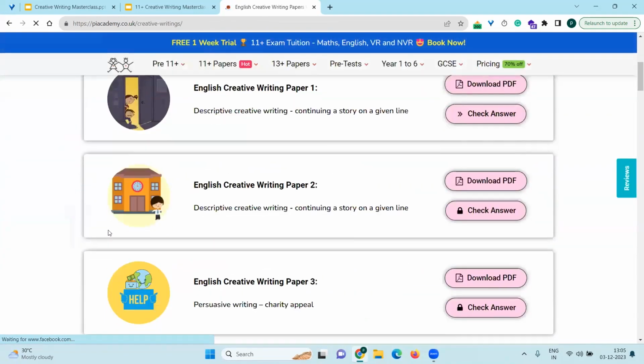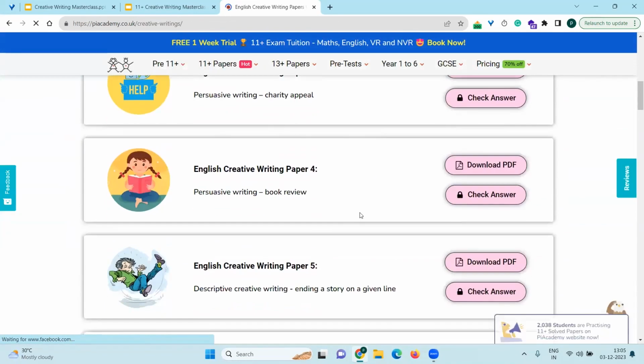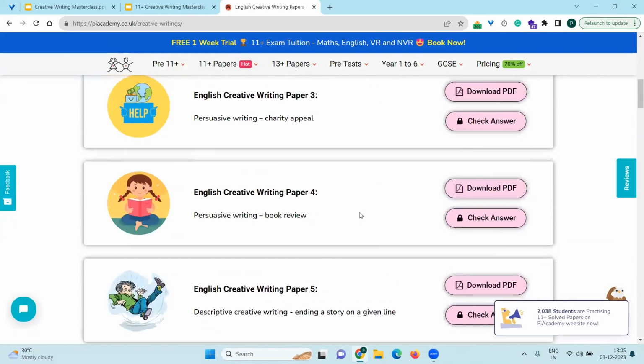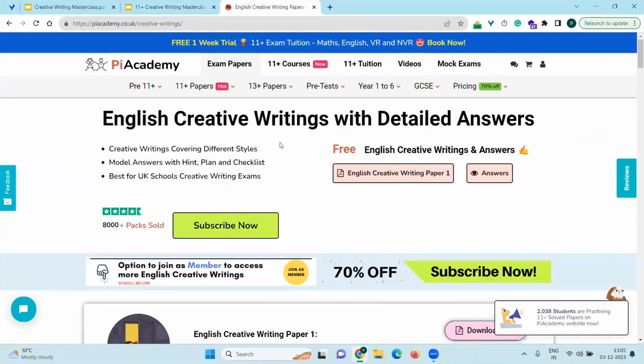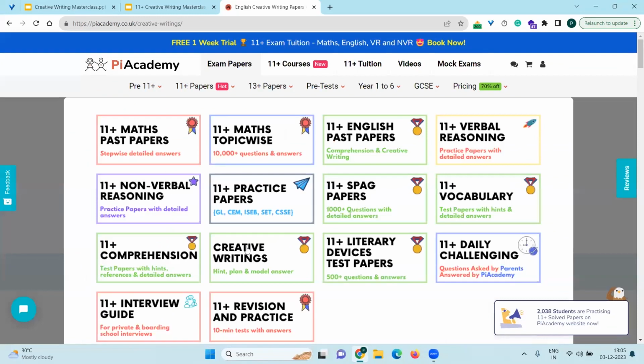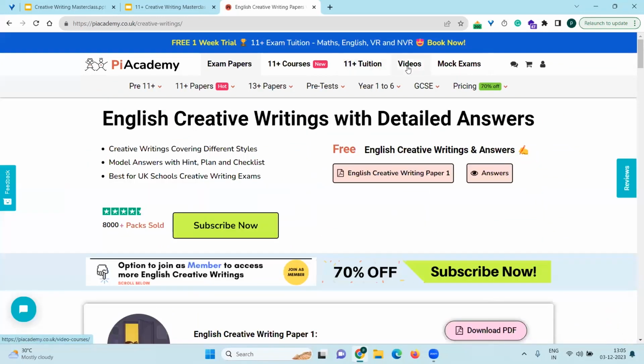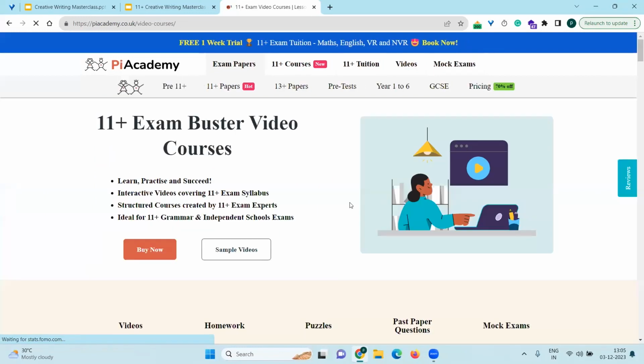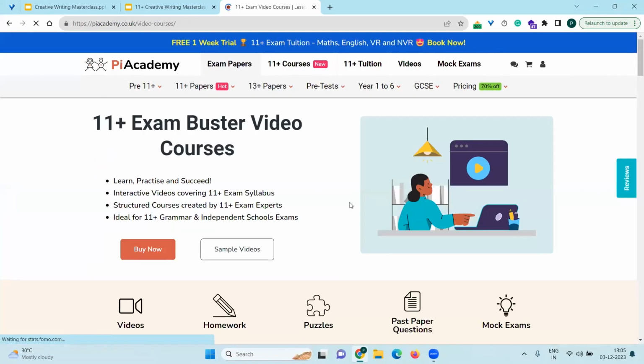Depending on the type of question, the checklist varies. I would encourage you to go through the 3 creative writing products, which are 11 plus creative writing past papers, 11 plus creative writing pre-recorded video courses, and the 11 plus live creative writing courses. In all of these, you would be accessing the checklist, and it would really help you structure your answers for the 11 plus exam.